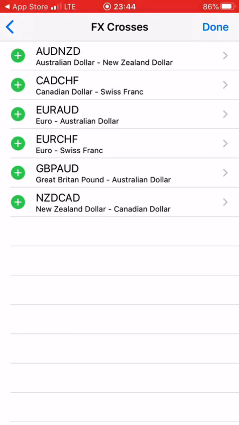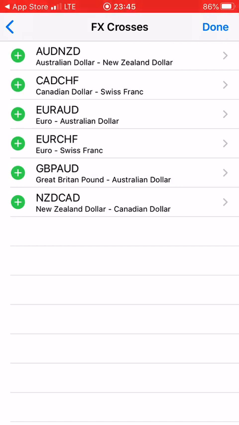I have a few of them already here, but you got New Zealand CAD, GBP AUD. GBP is Great Britain pound, and AUD is Australian dollar, and Euro Chef, Swiss franc, and the Euro is EUR, and Euro AUD, and Canadian Chef, Canadian dollar, Swiss franc, and Australian dollar, New Zealand dollar cross.